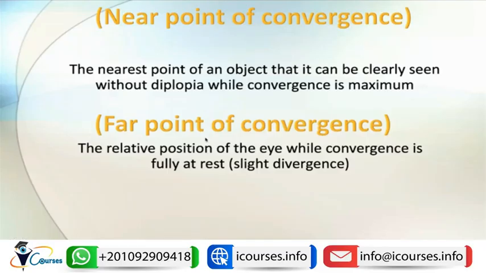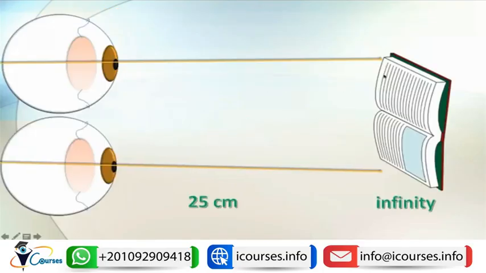So it will be slightly divergent. Let's say, for example, here we have the eyes looking at the book at infinity. So here the eyes are ortho, or slightly divergent, because the book is placed at infinity. So this will be the far point of convergence.